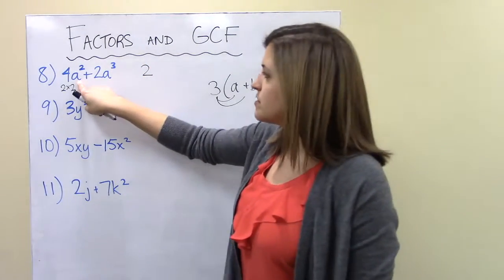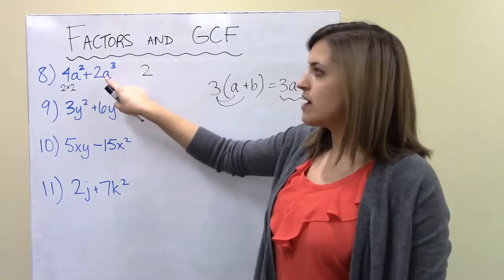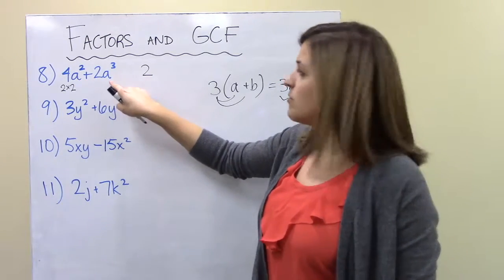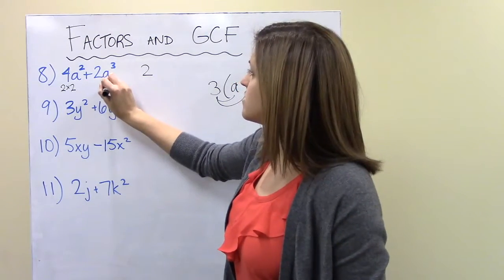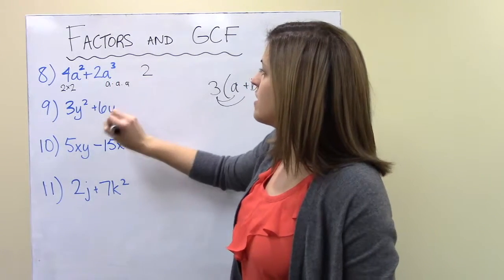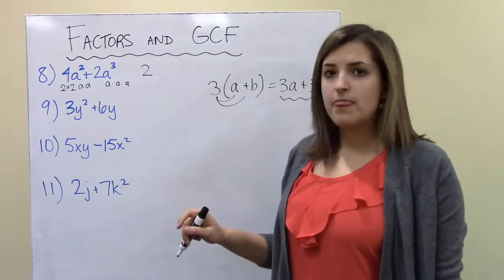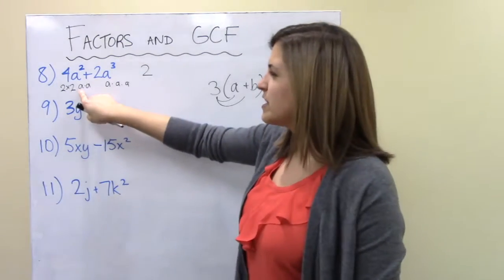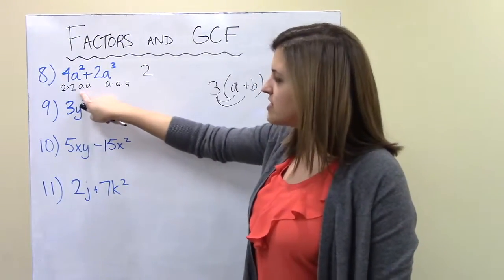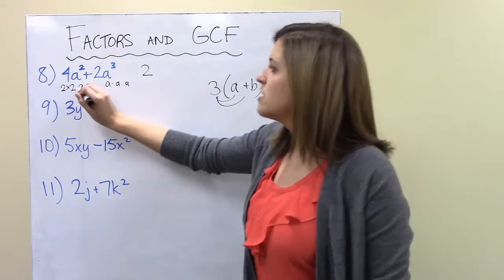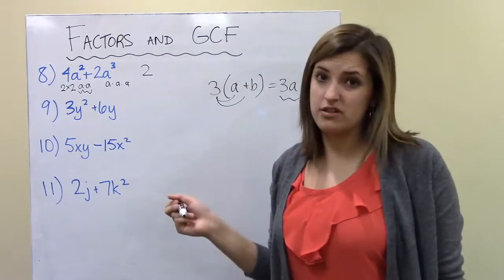And then I also notice that I have a squared here, but I have a cubed here. Well, a cubed is really just a times a times a, and a squared is a times a. So my limiting factor here is that I have a squared. The only thing I can take out is a squared.